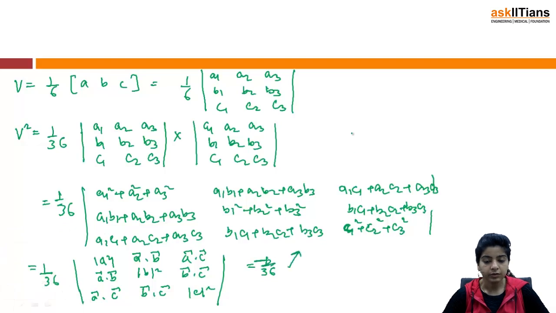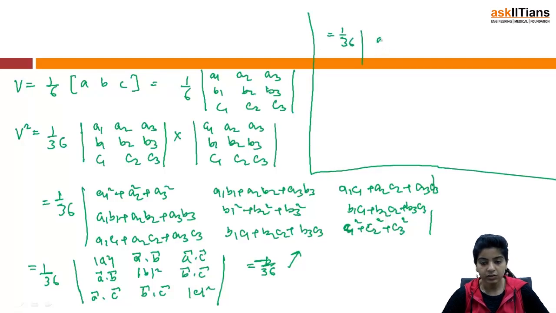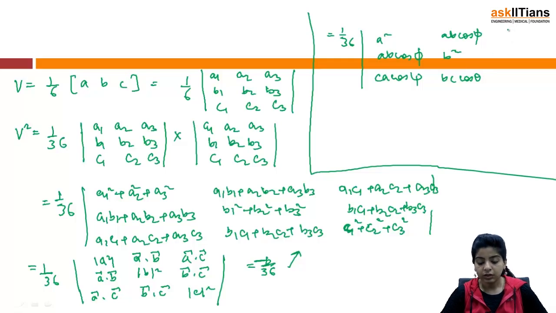Now this can be written as 1 by 36, and I have A square, then AB cos phi, then CA cos psi, then AB cos phi, B square, BC cos theta. On the basis of the given information, that the angles between these vectors are phi, theta and psi, you can write it like this.